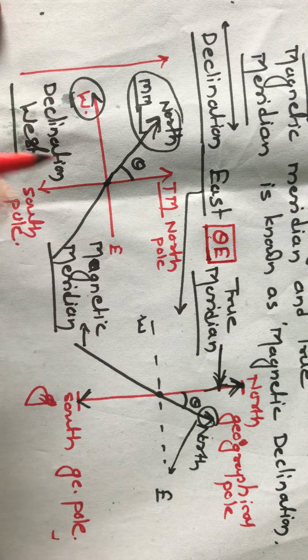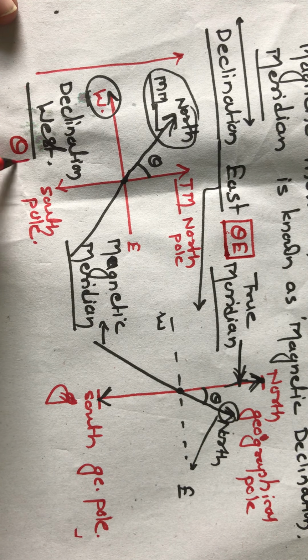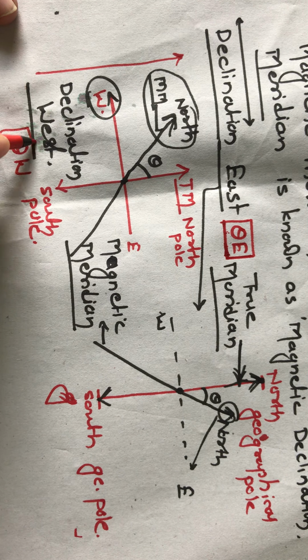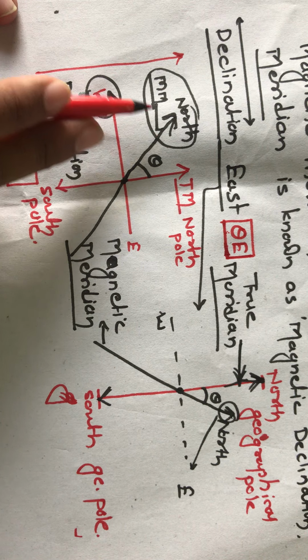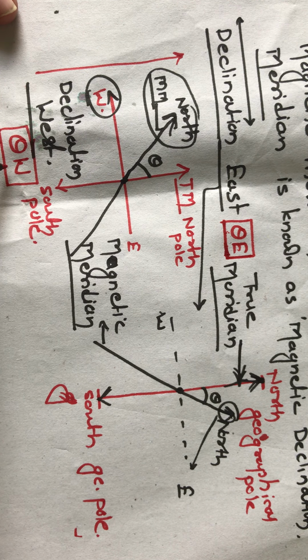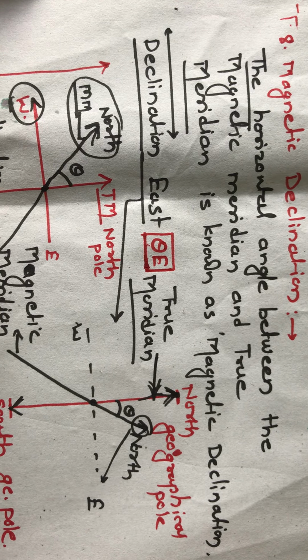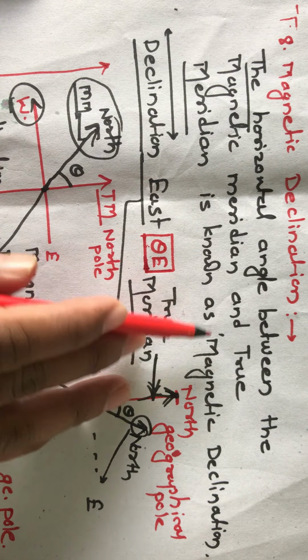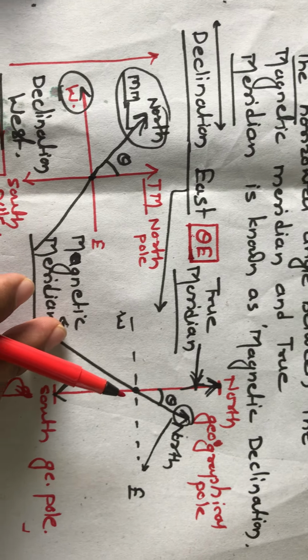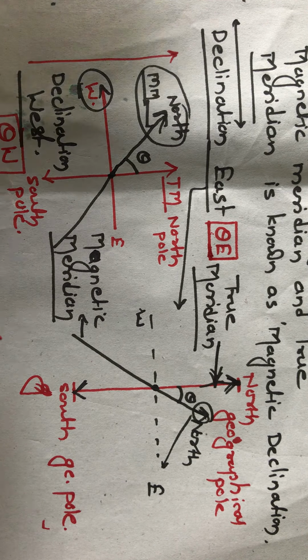Declination west is theta w, that is, the magnetic meridian is tilted towards the west. Like this it will be noted. The horizontal angle between the magnetic meridian and true meridian is known as magnetic declination. It is clear to you.